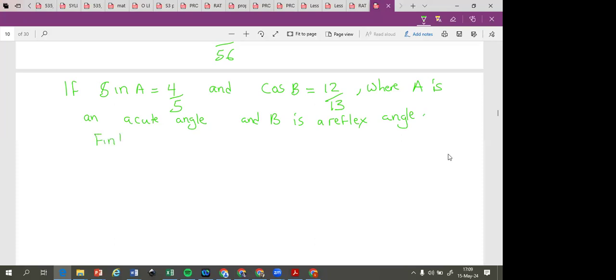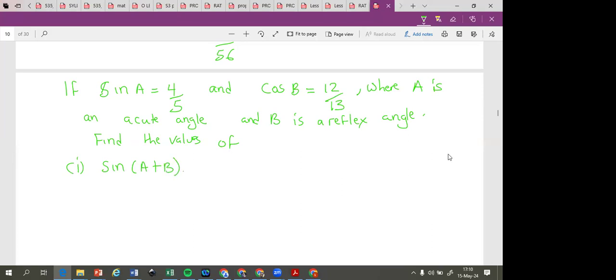Find the values of Roman 1, sine of A plus B.